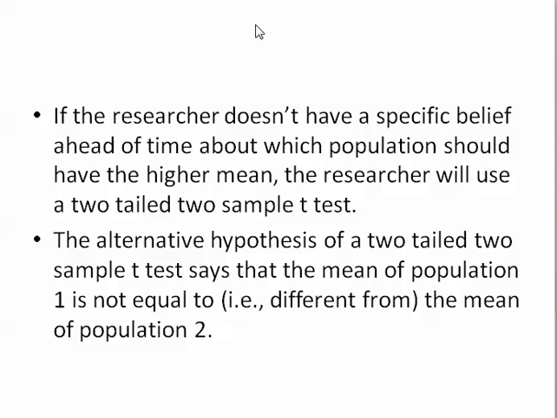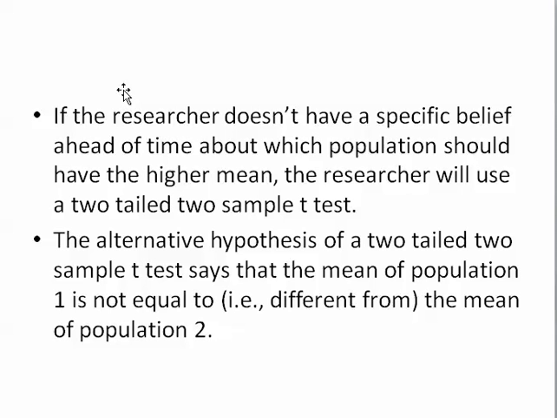So the null hypothesis always says population means are equal. The alternative hypothesis depends on which version of this test you're doing. In a left-tailed test, the alternative hypothesis says that the mean of population 1 is lower than the mean of population 2.